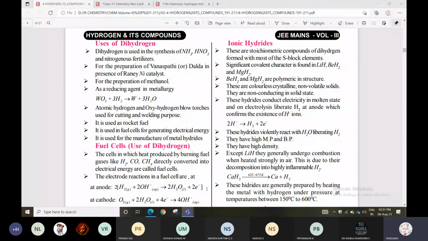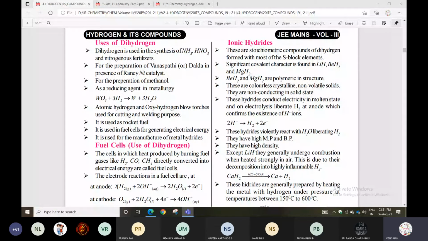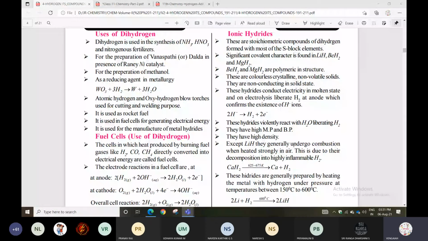This is due to their decomposition into highly inflammable hydrogen. For example, CaH2 at high temperature gives Ca plus H2.